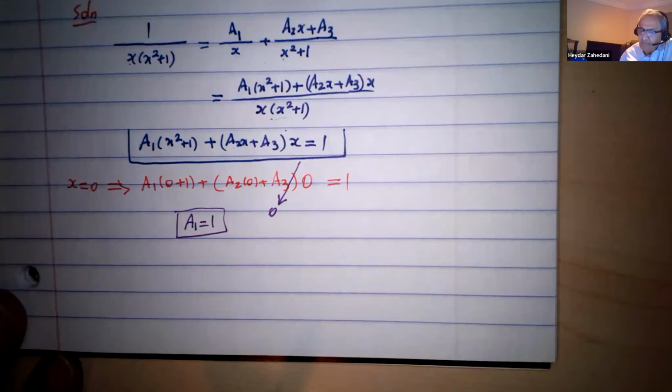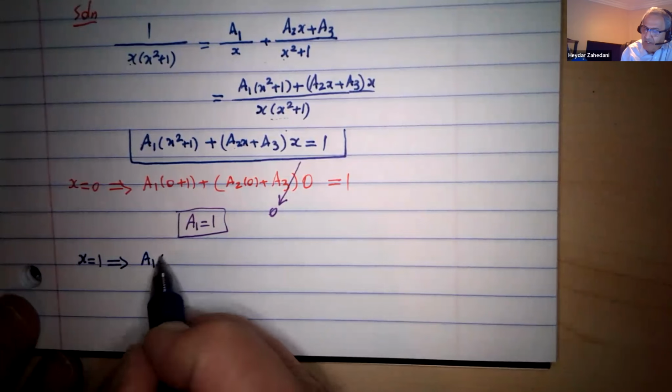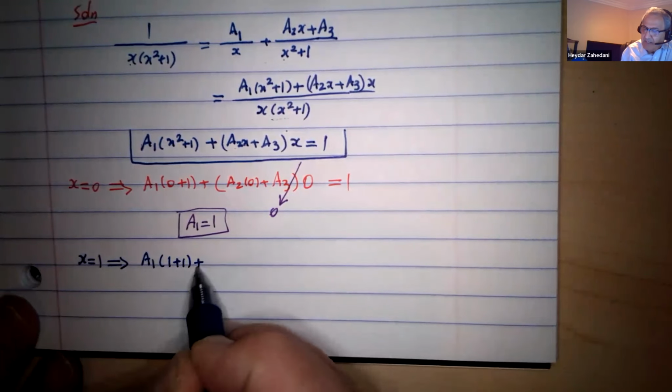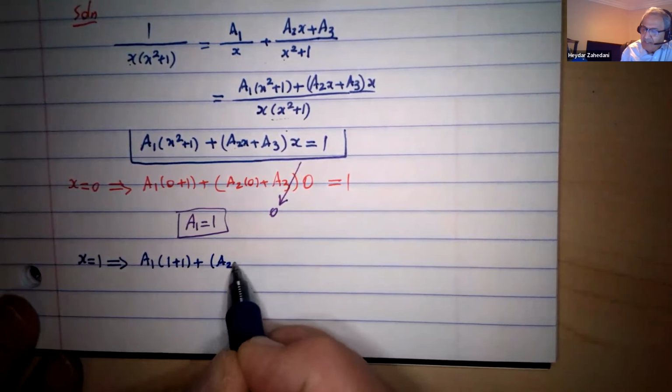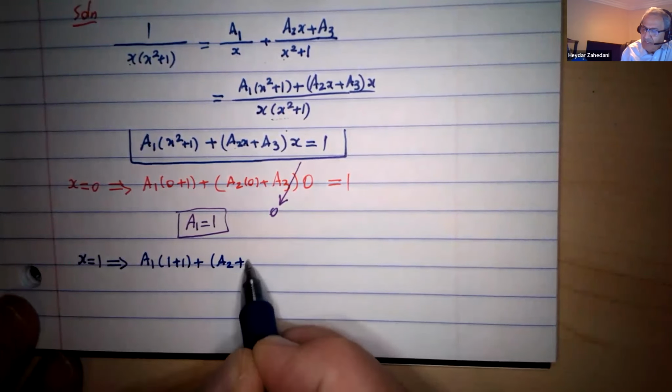But you need 2 more numbers. So in this case, you can pick 2 nice, easy numbers like x equal to 1. You have to substitute on all of them. So that gives you A1 times 1 plus 1, plus A2 plus A3 times 1, equal to 1.